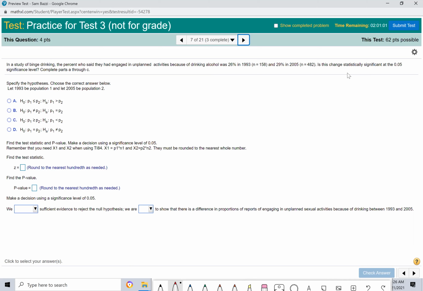So which one do you think, guys, would be the null and the alternative hypothesis? Any answers here? So it was 26%. Now it is 29. He's not asking us if it is a bigger change, a higher change, or a smaller change. He's asking if there is a change.